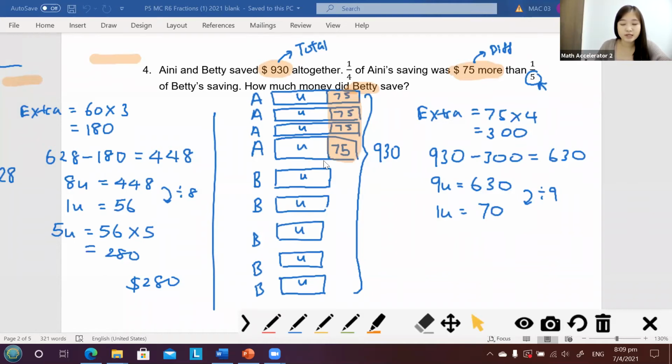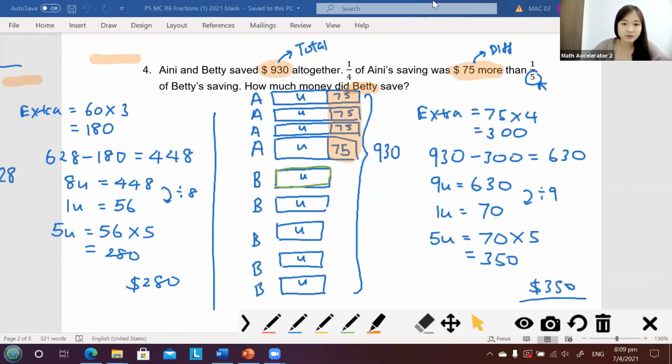Look at your model. 70 is 1 unit. Can you see you only have 1/5 of Betty? Betty is a total of 5 units. You only found 1/5. If you want to find Betty, you should be looking for 5 units. So your final step, 70 times 5. You will get your answer, $350.